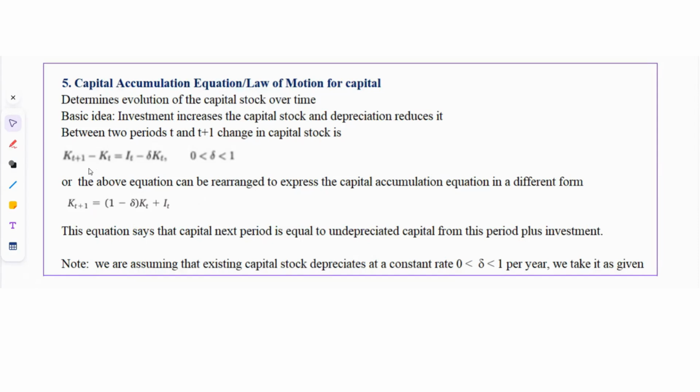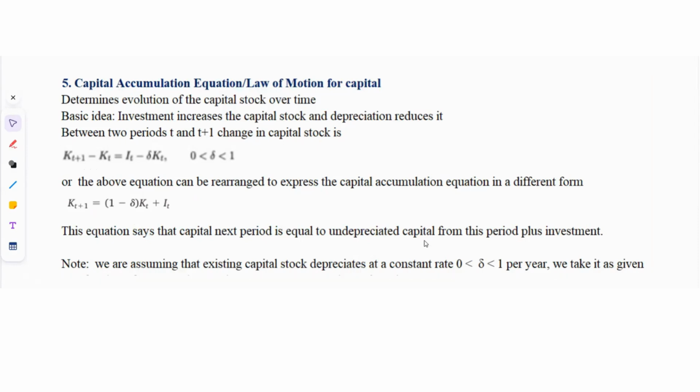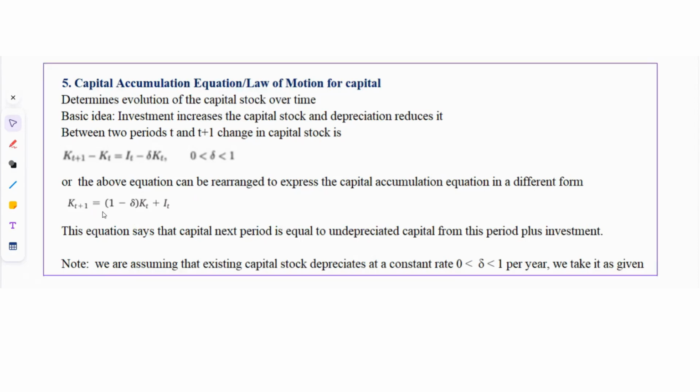So the capital accumulation equation can either be written as change in capital is equal to investment minus depreciation, or it can also be written as capital next period is equal to undepreciated capital from the previous period, because delta is the depreciation rate, so 1 minus delta gives us the undepreciated capital, plus investment.